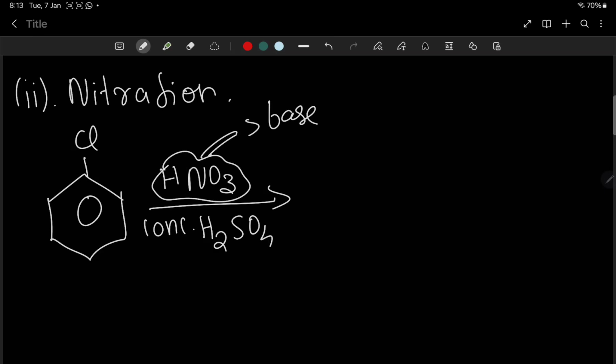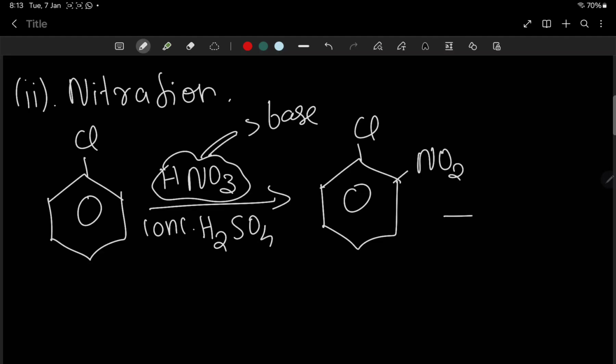In a nitration reaction, what is the base? Here concentrated H2SO4 is a stronger acid than HNO3. Therefore concentrated H2SO4 acts as the acid and HNO3 acts as a base. Very important question. Now we get this compound, that is ClNO2. Here also para is major and the ortho is minor.